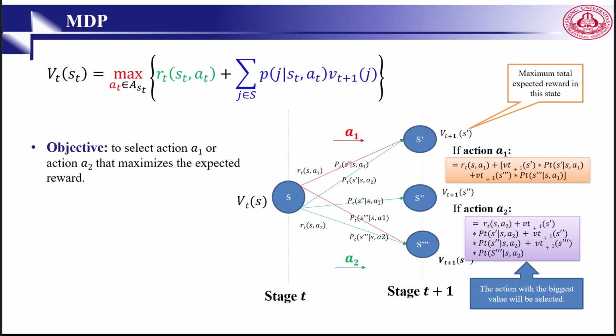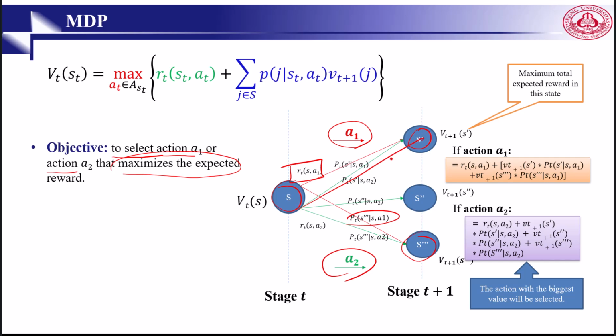So the objective here is, based on the Bellman equation, to select an action, A1 or A2, that maximizes the expected reward. For example, we are here in S, and we have two actions, A1 and A2. If we take action A1, with probability P(S' | S, A1) we will move to this state, and here is the reward. By this probability, I will come to this one. If I take action number 2, then by this probability I will go to here, by this probability I will go to here, and by this probability I will go to here.